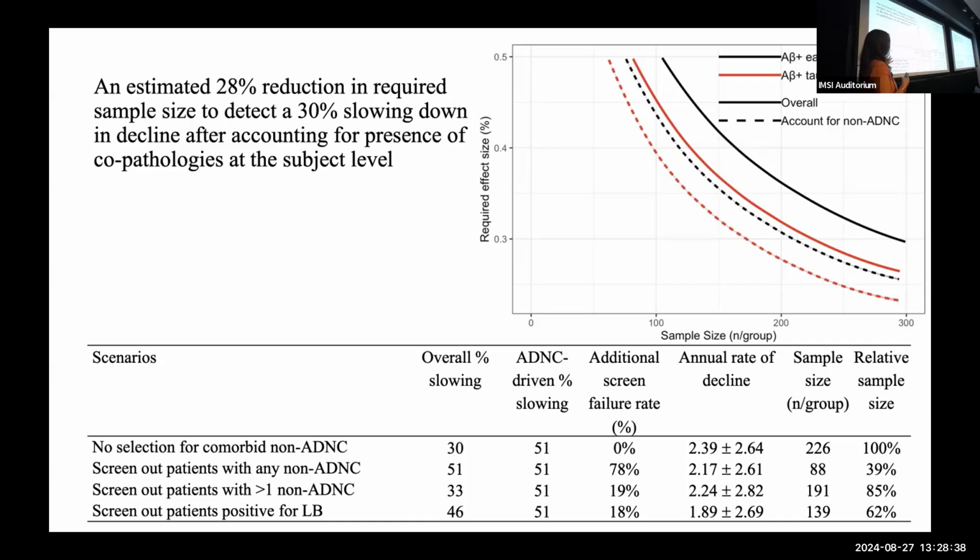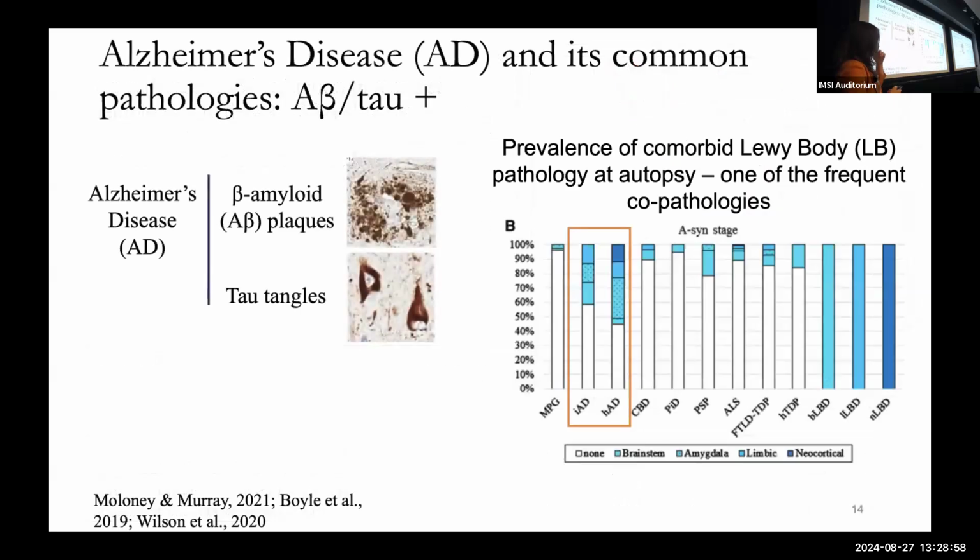And this was one of the simulations using this machine learning-based imputation for co-pathologies, showing that yes, if we account for the contribution of co-pathologies to their cognition, we will need a smaller sample size to show the same efficacy for a given trial.